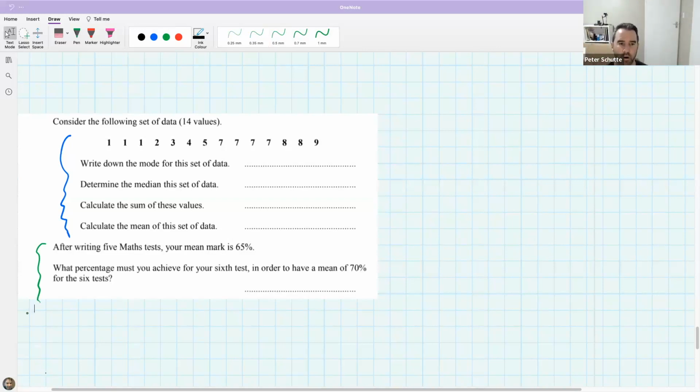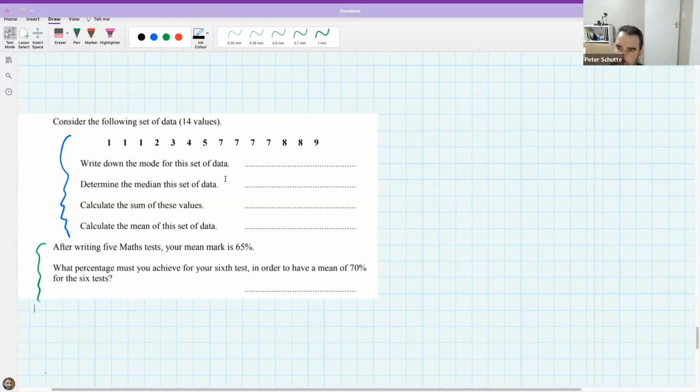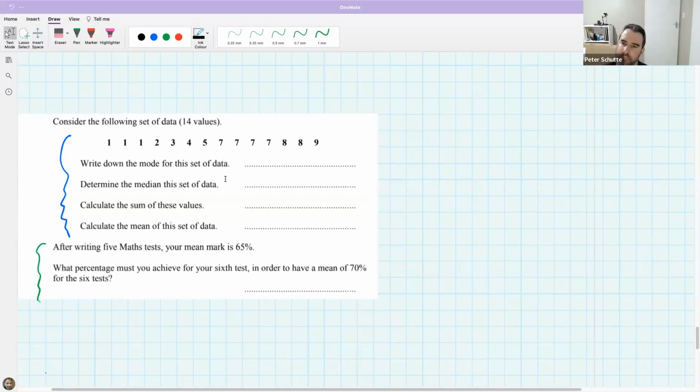Find me the mode, the median, and then the mean for me. So the mode is very popular, and it's agreed that the mode is 7, which I have no problems with.